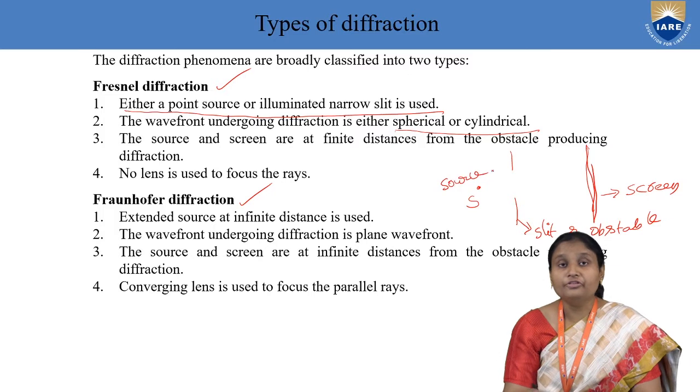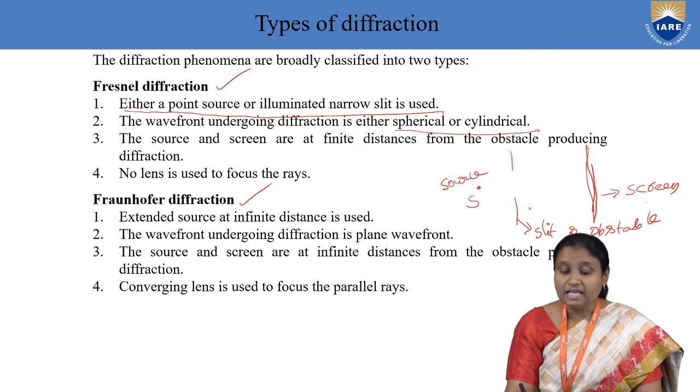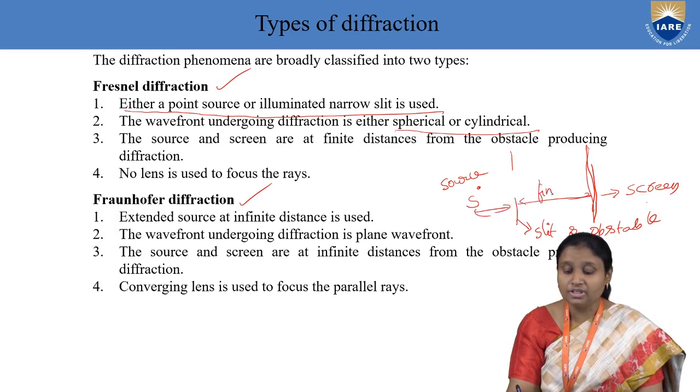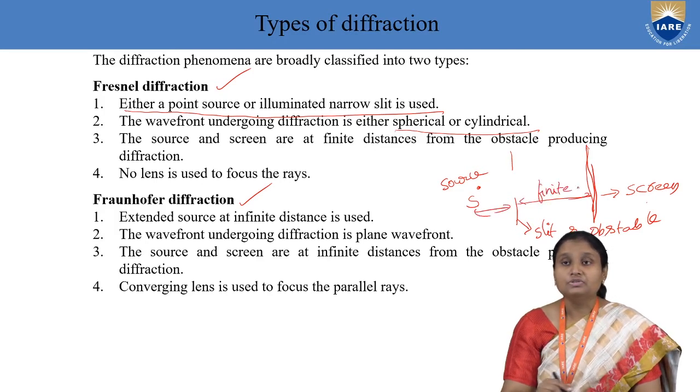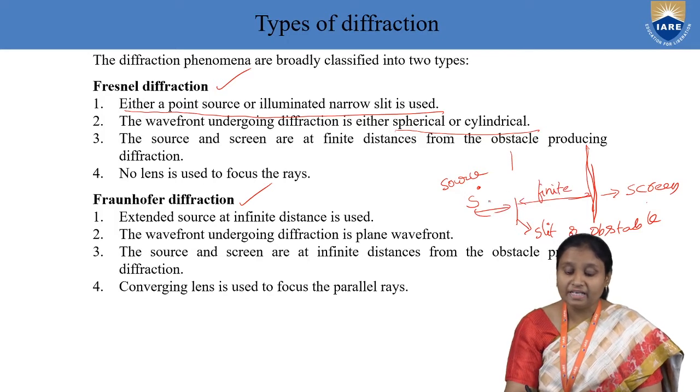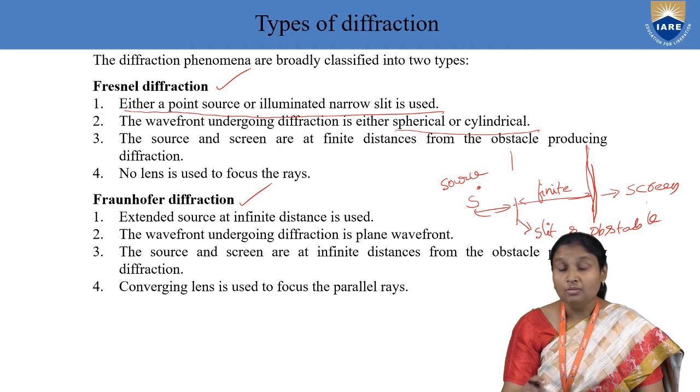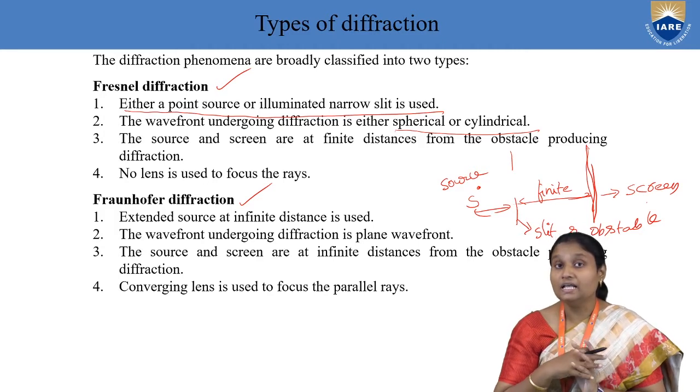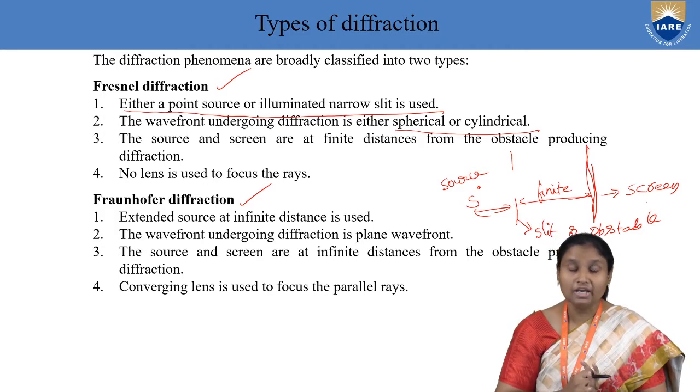In case of Fresnel diffraction, both source and screen are kept at finite distance from the obstacle that is producing diffraction. Because the source and screen are at finite distance, I don't need any lens.